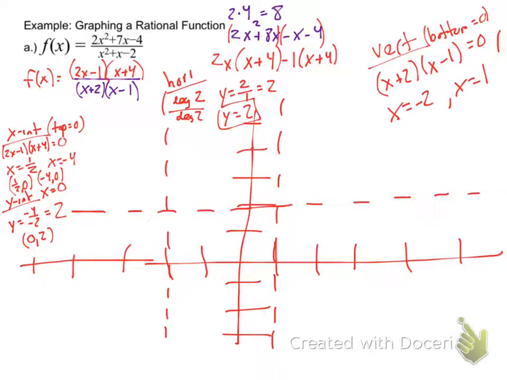So therefore, when I go to make my t-charts now, actually, I probably should plot my other information before I get into this. We have an x-intercept at 1/2, 0 and at negative 4, 0. And we have a y-intercept at 0, 2.